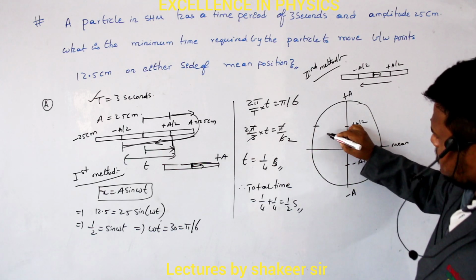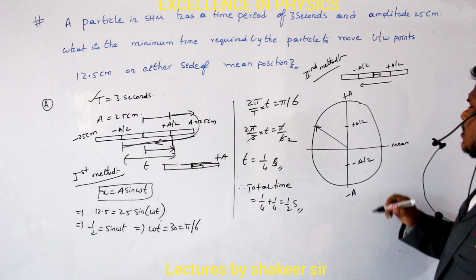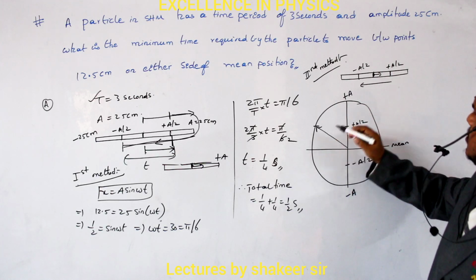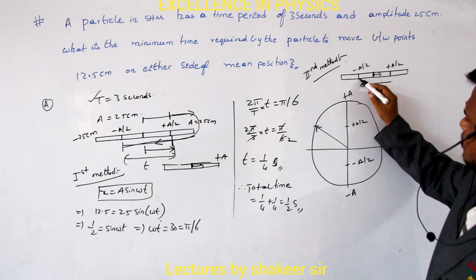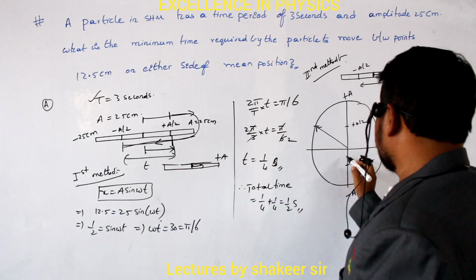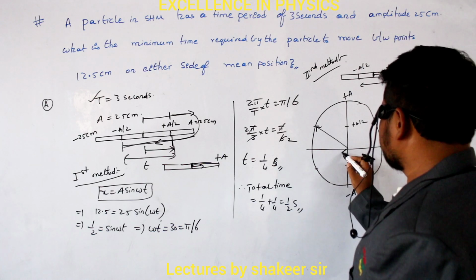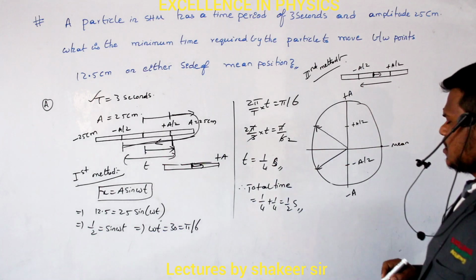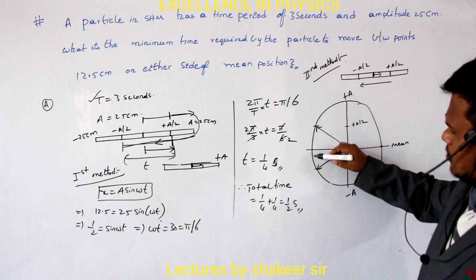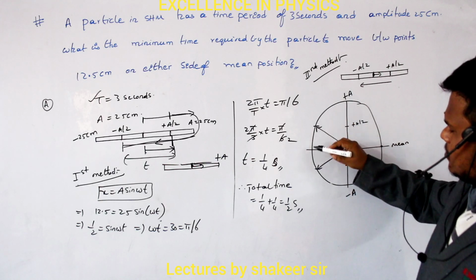So this is my initial position. Are you able to understand? And from this position, now it crosses the mean position. This is the crossing of the mean position. After the mean position, it will go to minus a by 2. And this is our minus a by 2. So this is the point. This is how I can draw the radius vector. It means the particle has started from here and reached up to this position. So this is the comparison of SHM with circular motion.